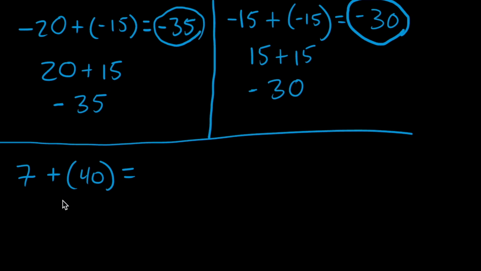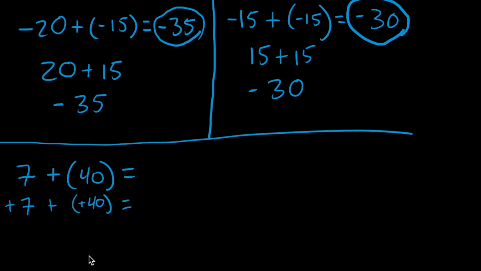Go ahead and pause the video, try it yourself, and then press play to check your answer. Okay, I am looking at two numbers. They both have the same sign. You don't see it, but there is an invisible positive sign next to the 7 and next to the 40.